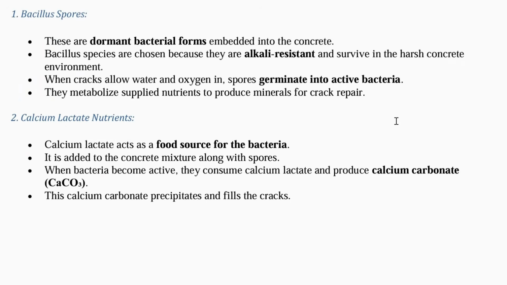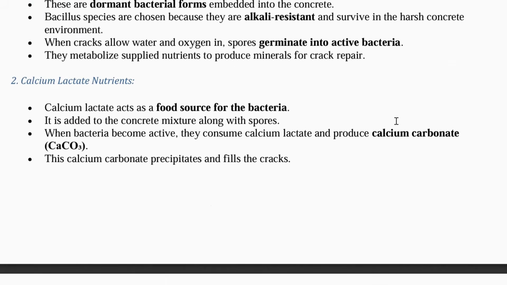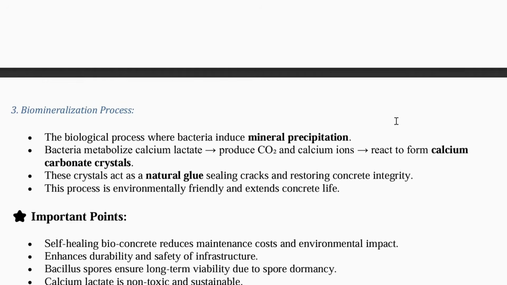Then the calcium lactate nutrient: it acts as food for the bacteria. It is added to the concrete mixture along with the spores. When bacteria become active, they consume this calcium lactate and produce calcium carbonate. This calcium carbonate precipitates and fills the crack. Then the biomineralization process: this is a biological process where bacteria induce mineral precipitation.